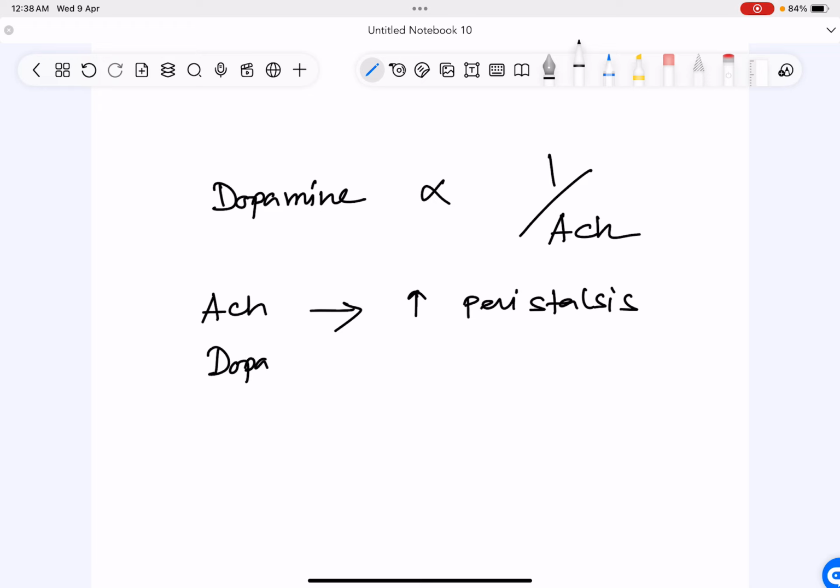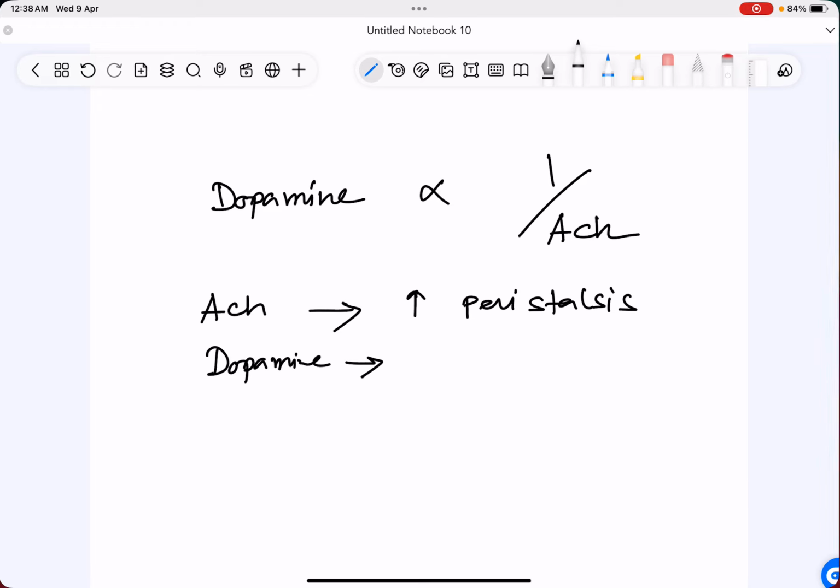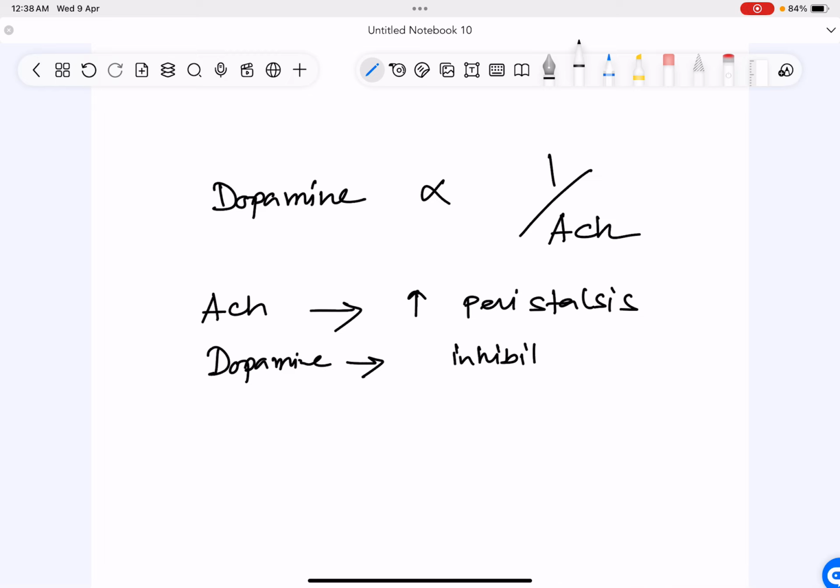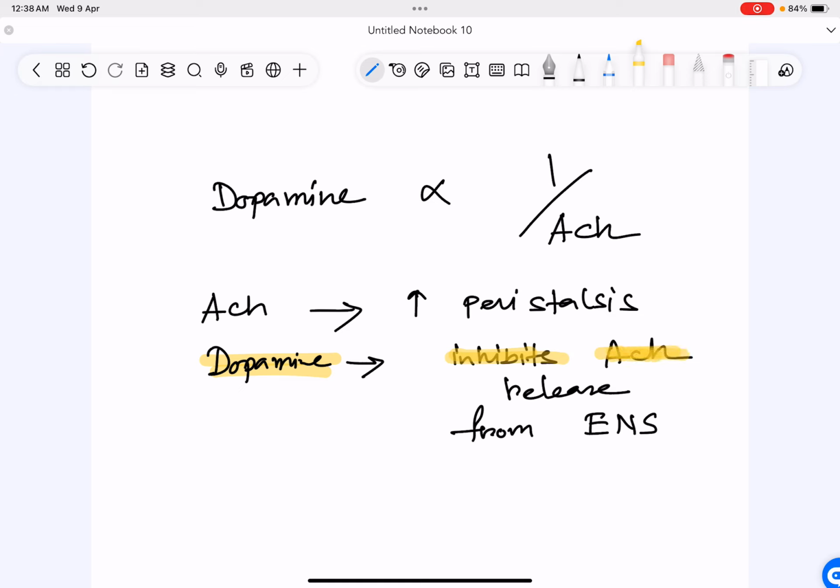Dopamine, what it does, it inhibits acetylcholine release from the enteric nervous system. Dopamine inhibits the release of acetylcholine from the enteric nervous system.